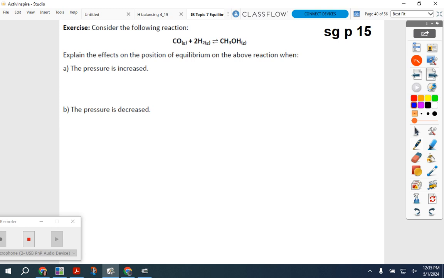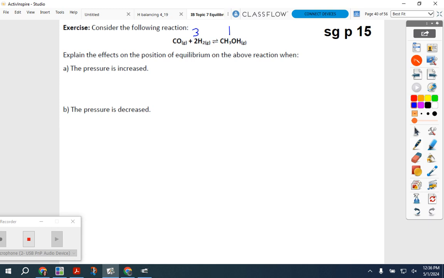So when we're talking about pressure, you're looking for anything that has a G, and you're counting the moles. So we've got 3 moles on the reactant side. We've got 1 mole on the product side. If we increase the pressure, we are going to shift towards fewer moles because those particles are going to take up less space.